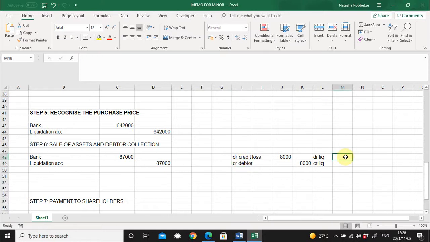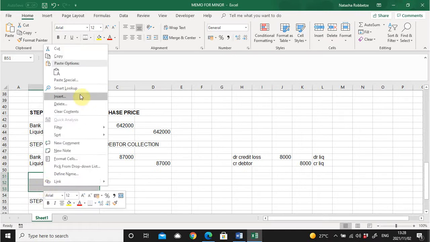If we say plus 8,000 minus 8,000, we come up with the same amount. So the effect of the bad debt on the liquidation account is zero, and that is the reason why it's not accounted for here. I know that's a question that sometimes comes up.